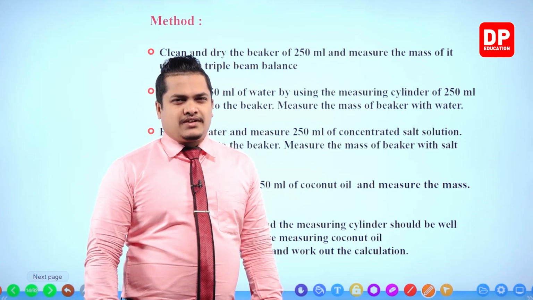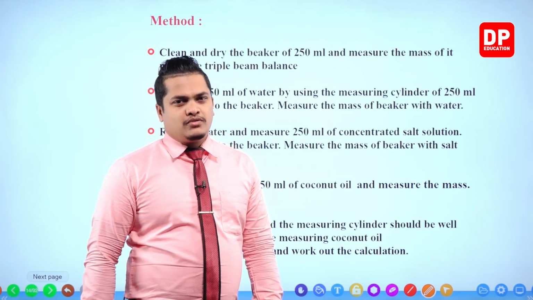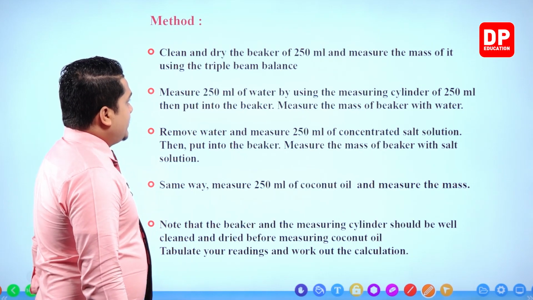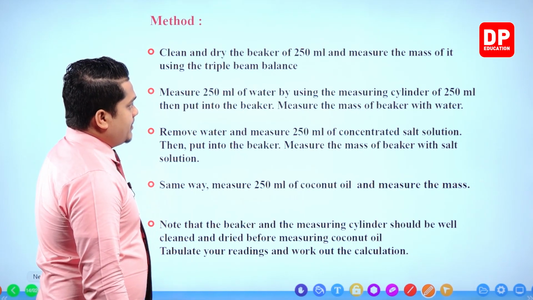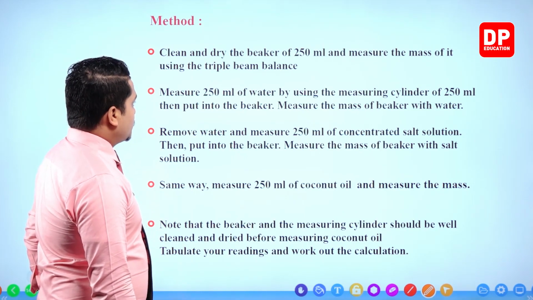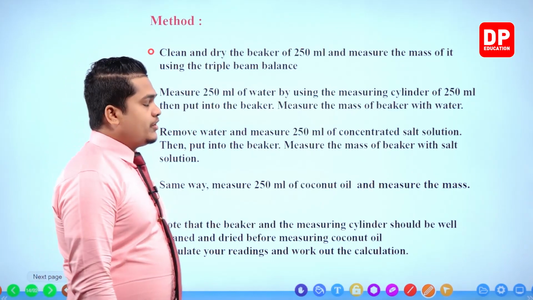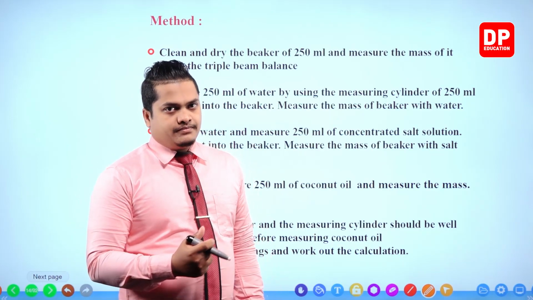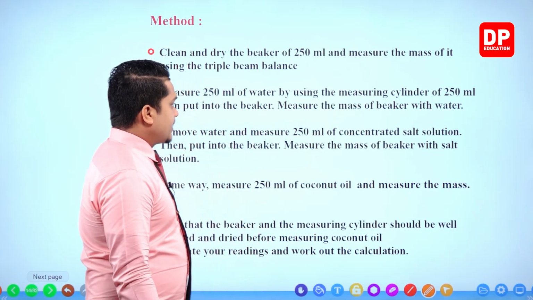A somewhat lesser or greater one is also fine, no problem. So clean and dry the beaker and measure the mass of it using the triple beam balance. First of all, you have to measure the mass of the empty beaker.